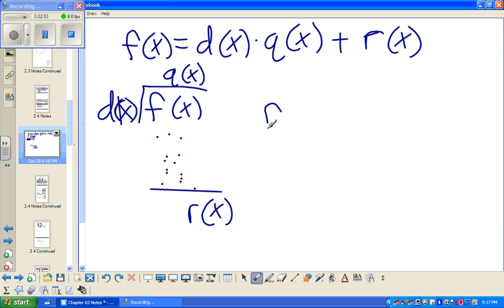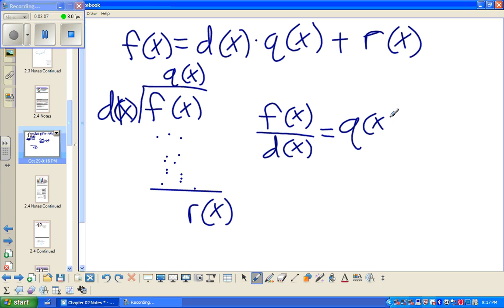Another way we could write this is f of x divided by d of x would equal our quotient, q of x, plus our remainder, if we have one, divided by d of x. That's how you can relate the functions to each other.